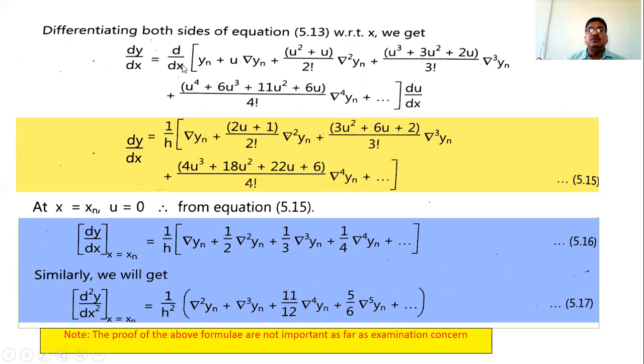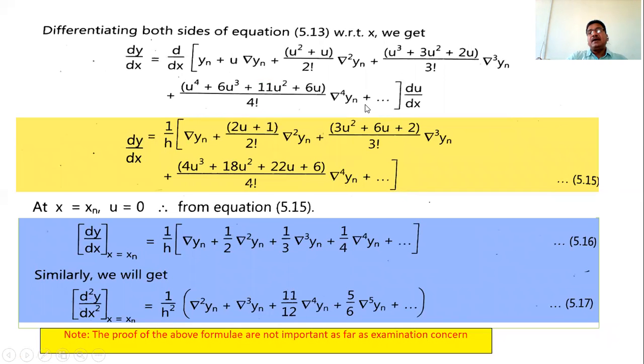So for dy/du, write u in place of x, and then the derivative of this bracket is what? The derivative of yn is 0, the derivative of u is 1, so ∇yn, then (2u+1)/2 factorial ∇²yn, then (3u²+6u+2)/3 factorial ∇³yn, then (4u³+18u²+22u+6)/4 factorial ∇⁴yn.